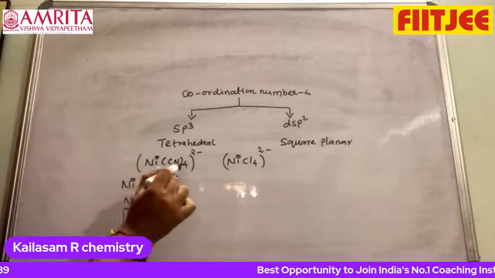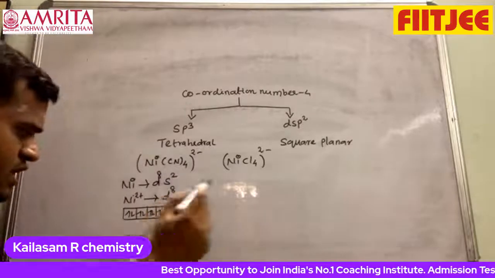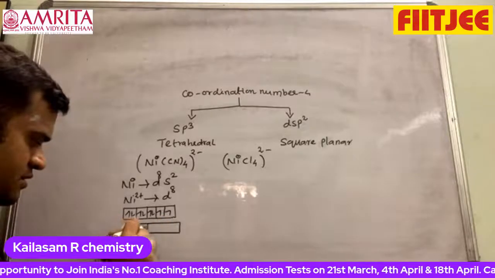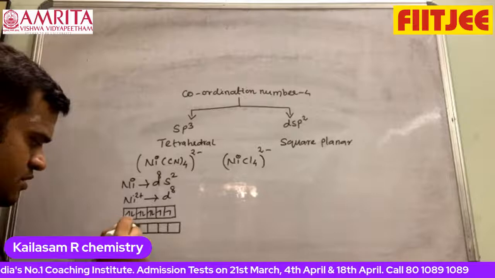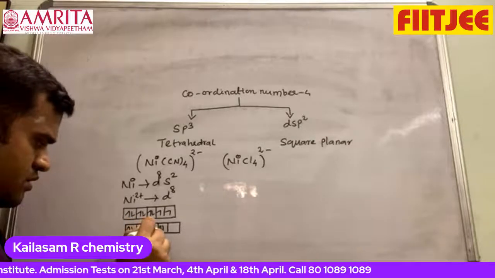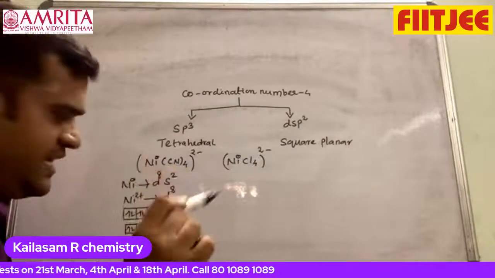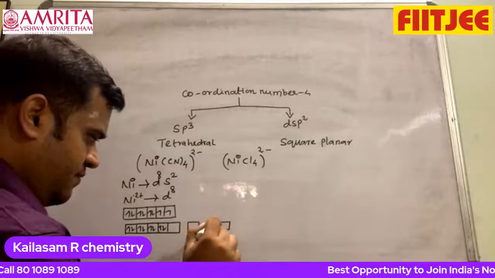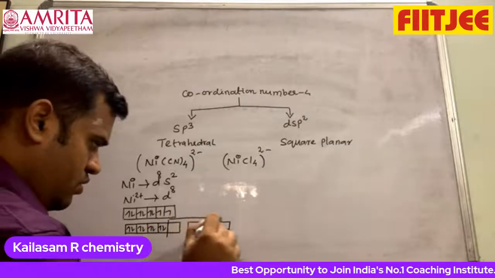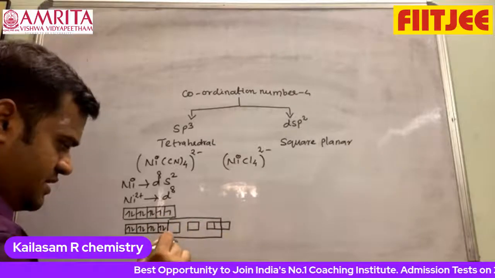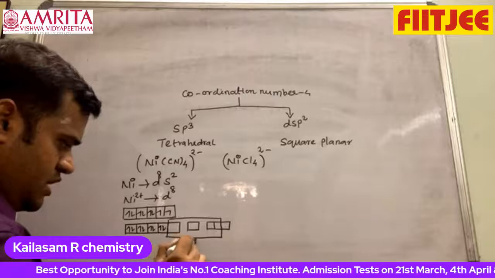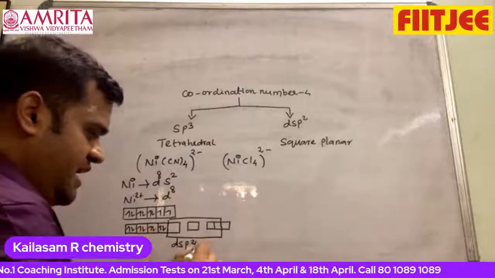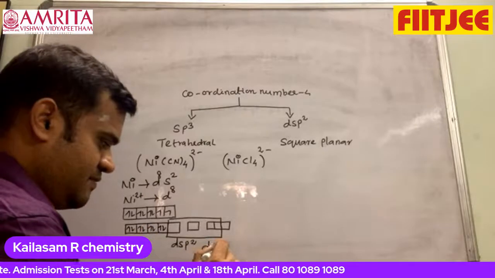Now Cl is what? Strong ligand. With a strong ligand, what is going to happen? Pairing takes place. Now how many ligands are there? 4 ligands. Therefore I can place them here, and here is p3. Now this we can call dsp2. With dsp2 hybridization, it's a diamagnetic complex.